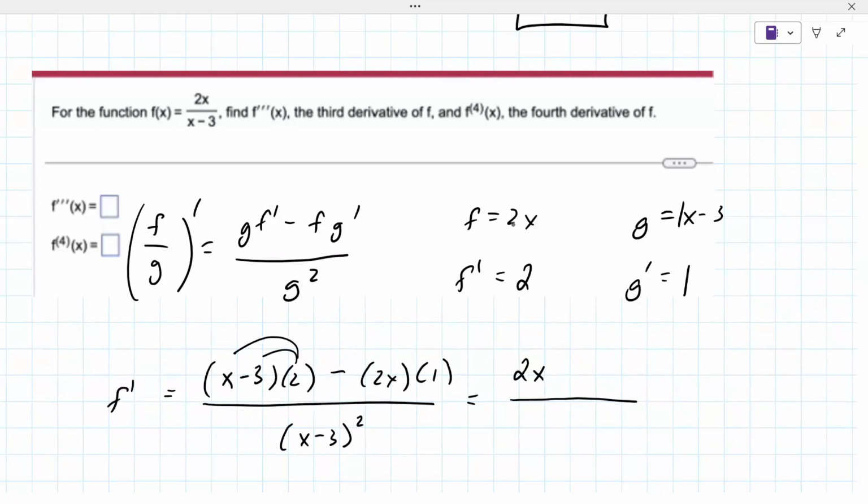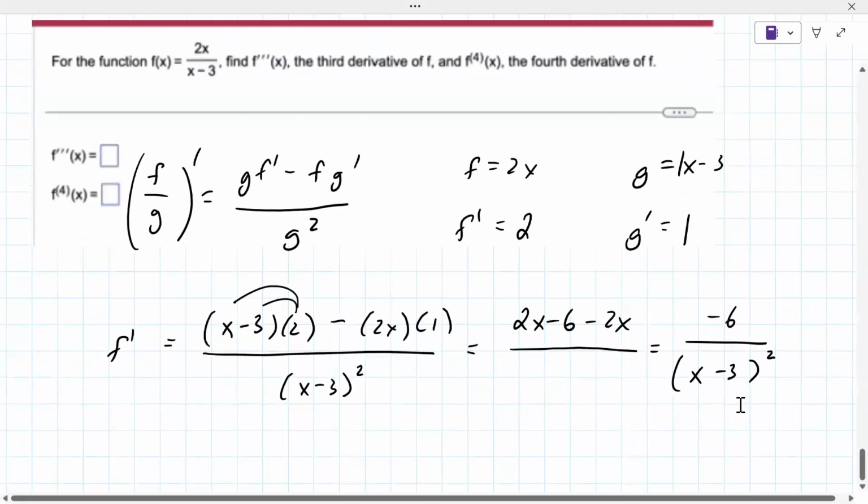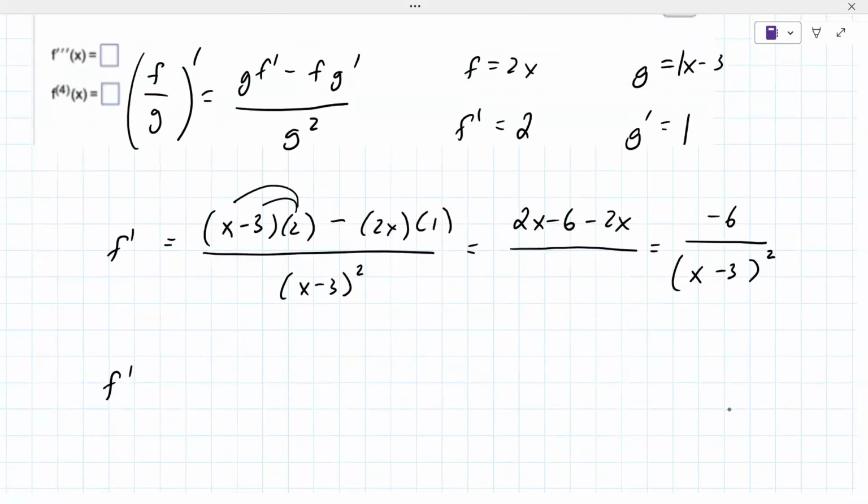So this becomes 2x minus 6 minus 2x on top, which becomes just minus 6 over x minus 3 squared. And you might think, oh boy, it's another quotient rule. Well, it could be, but that's not the best way to write it. You'd want to rewrite it like this, x minus 3 to the minus 2 power.